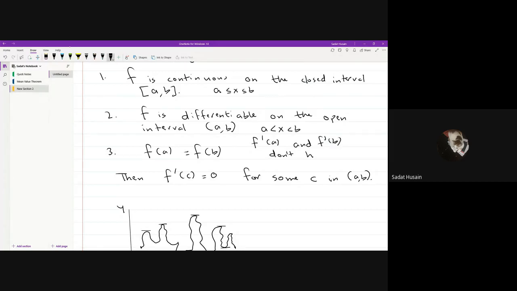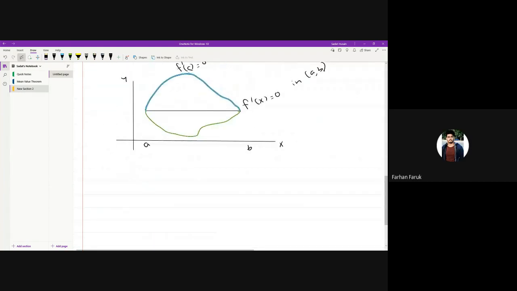It is not necessary for f prime a and f prime b to exist, but it has to be continuous at a and b. It doesn't have to be differentiable at a and b. Everywhere except a and b it has to be differentiable, but it doesn't have to be differentiable at a and b. Does that make sense? Yes sir, definitely.